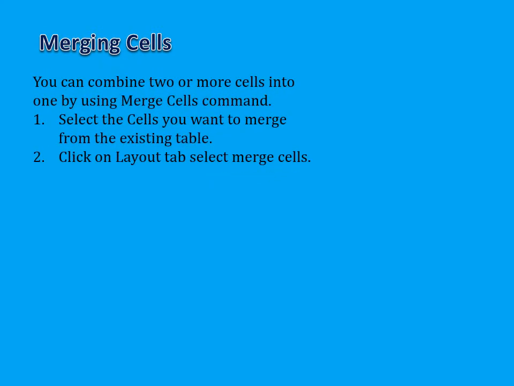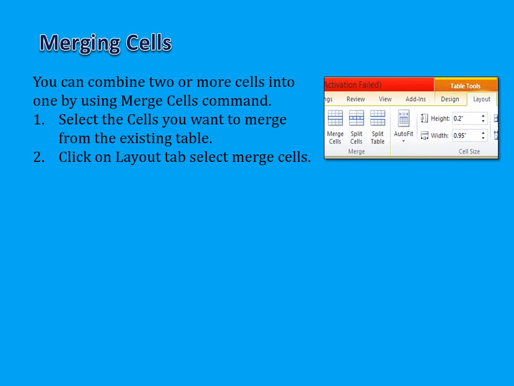Merging cells. Let us learn how we can merge the cell. To merge the cell, you can combine two or more cells into one by using merge cell command. Let us see where this merge cell command is available. For this, you need to select the cells you want to merge from the existing table.